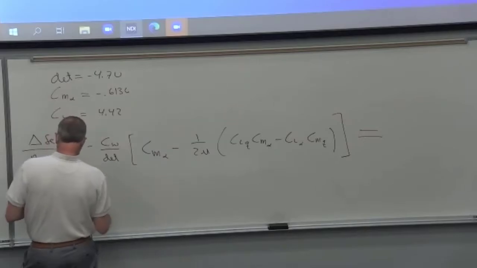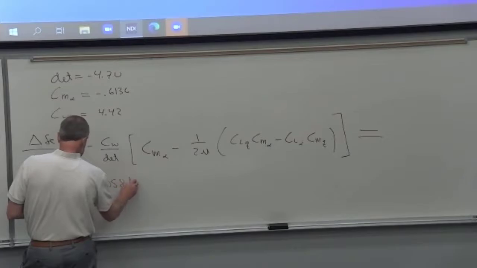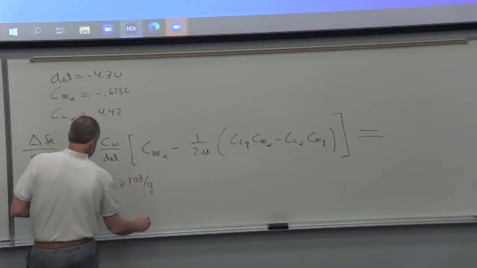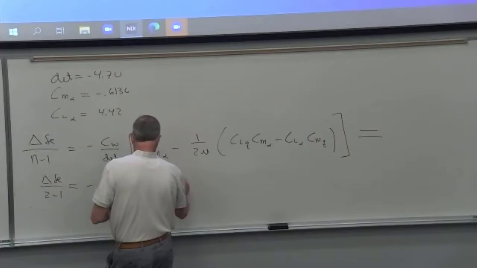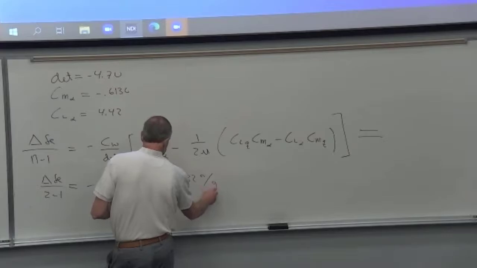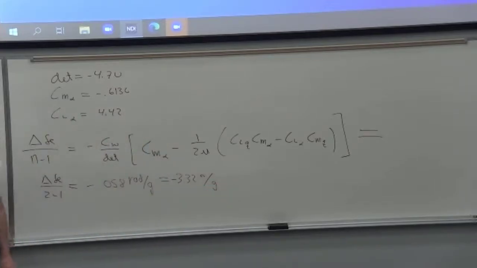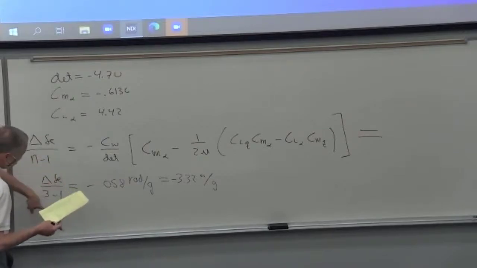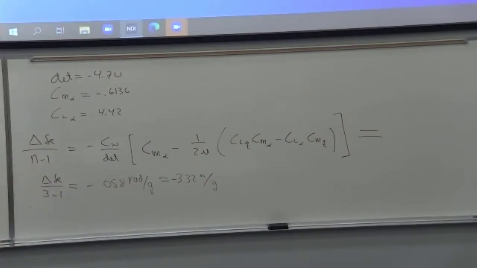Stuff it into that formula and should get minus 0.058 radians per G, or 3.32 negative sign degrees per G. Oh yeah, 3 minus 1 is 2, sorry. And then, yeah, I divided by 2, right?